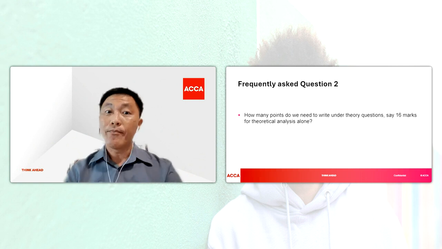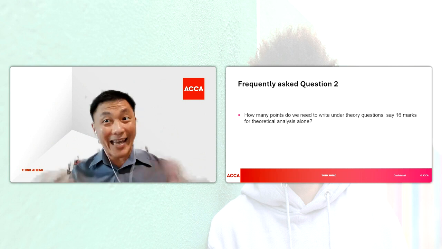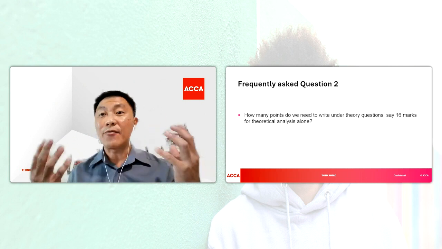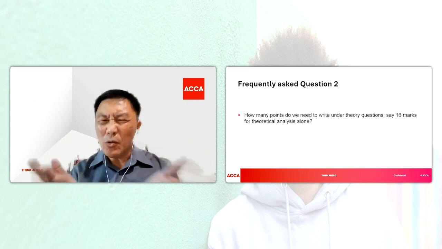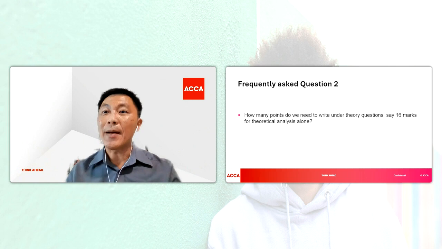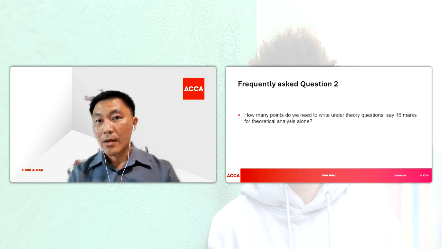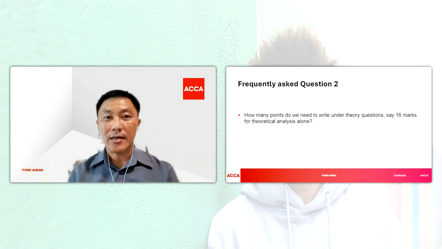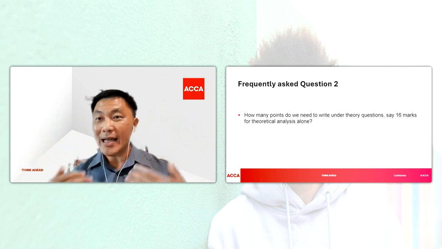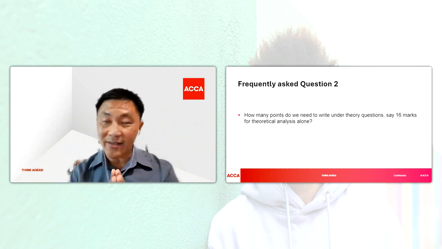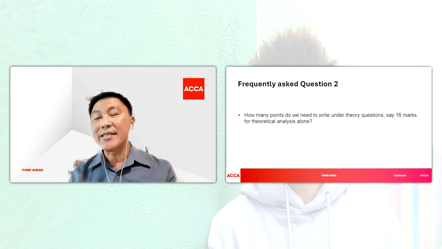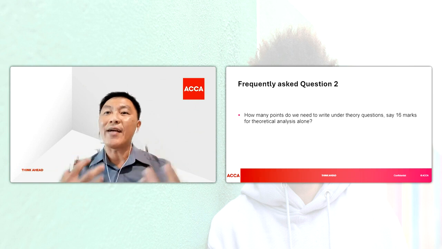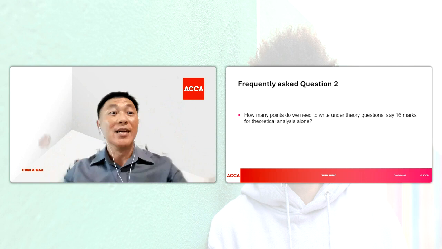Well, the answer for this is, number one, you always have to set yourself a target on the passing mark. Supposing this is 16, what's the passing mark? 8. To earn the 8 marks, how many signposts, how many paragraphs do you have to provide? As we say, 8. That is the kind of answering skill that you need to have and the planning skill you should apply during the examination.